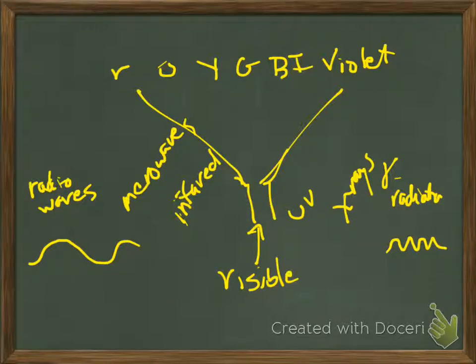Useful to know some of this. Particularly questions might be like the gamma ray, UV, the order, high energy, and then versus the lower energy, ROYGBIV, with violet being higher energy than the red.